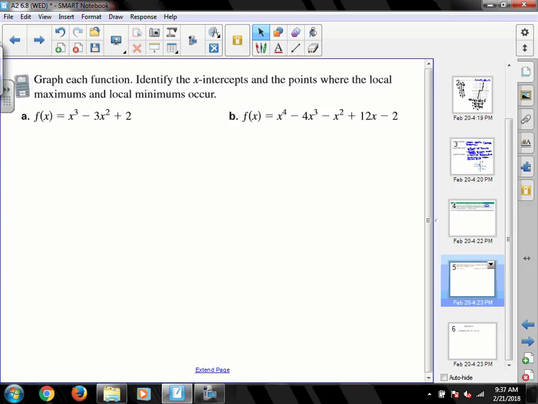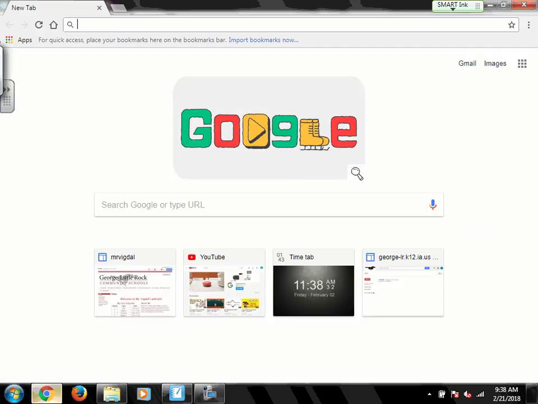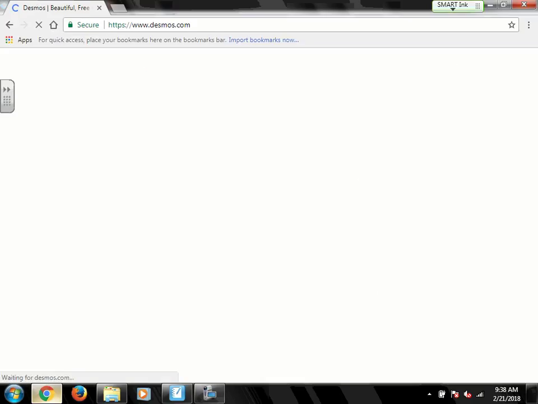We're going to graph each function, then identify the x-intercepts and points where the local maximums and local minimums occur. I have all the faith that you guys could graph this, but let's make this easier on ourselves. Graphing calculator.